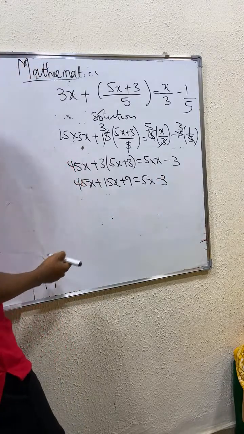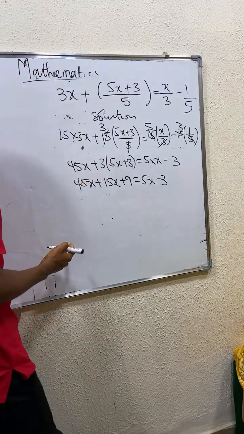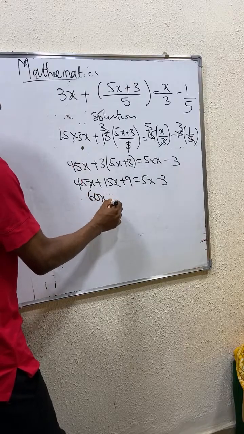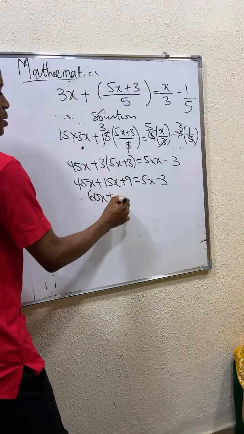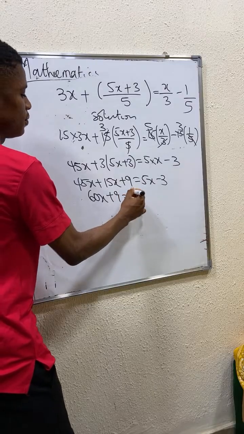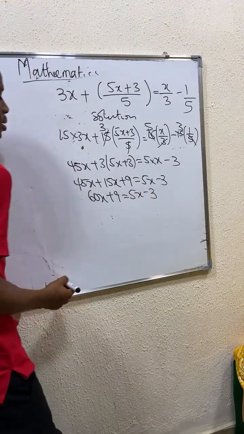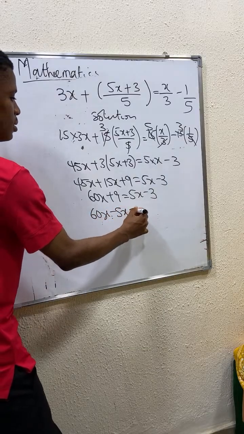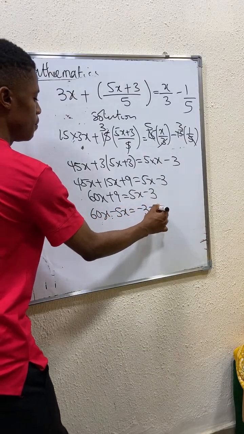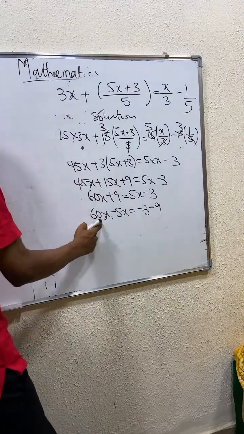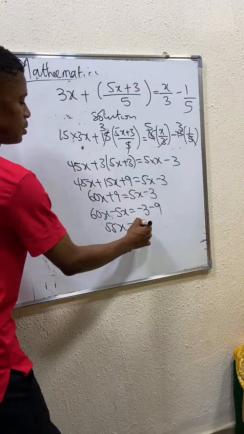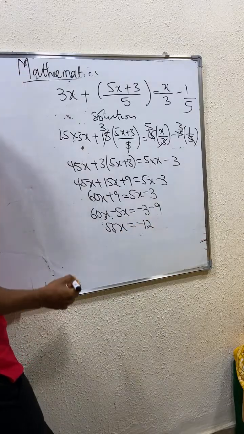We can do some little collection of like terms. 45x plus 15x is 60x, plus 9 is equal to 5x minus 3. You have 60x minus 5x is equal to minus 3 minus 9. This gives 55x is equal to minus 12, right?